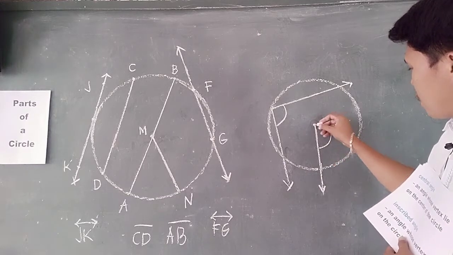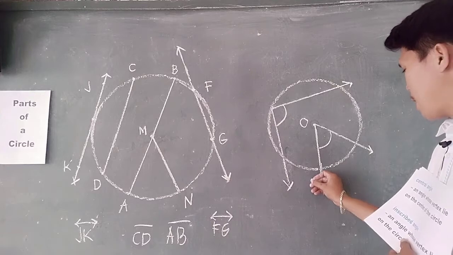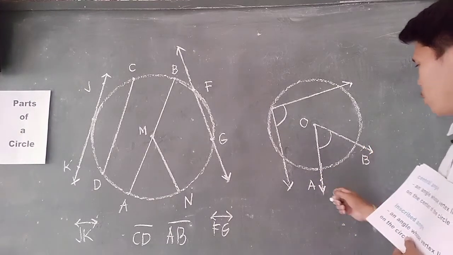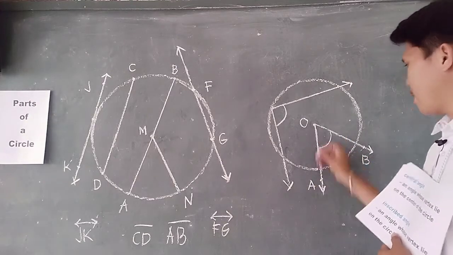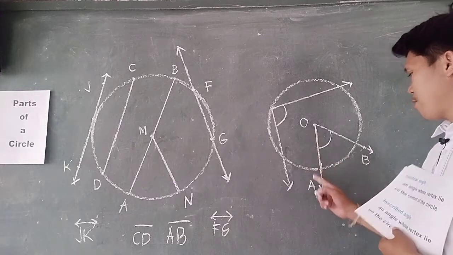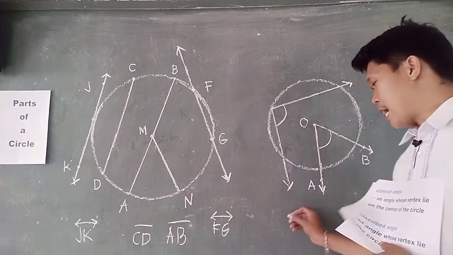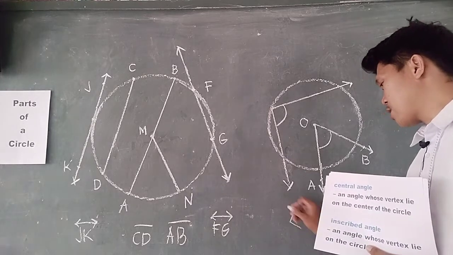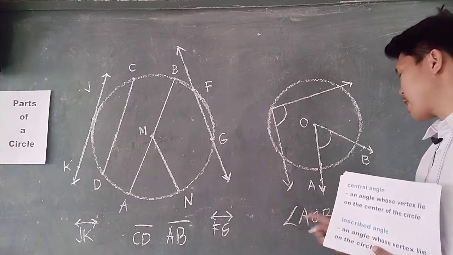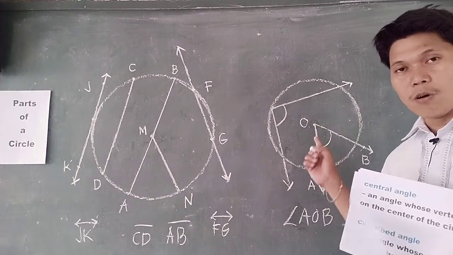Shall we say this is point O, this is A and this is B. So the two rays, ray OA and OB, form an angle. And the angle formed, angle AOB, is what we call as a central angle. So angle AOB. Or we can read this angle as angle BOA or angle O. Okay?